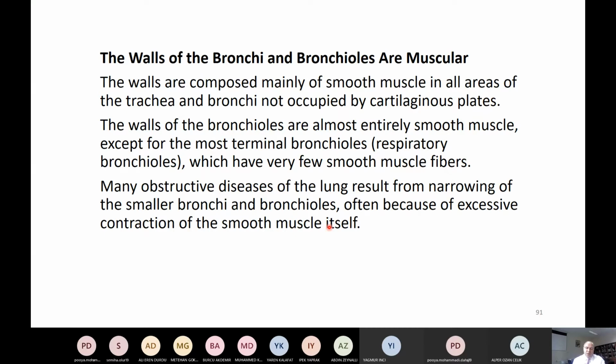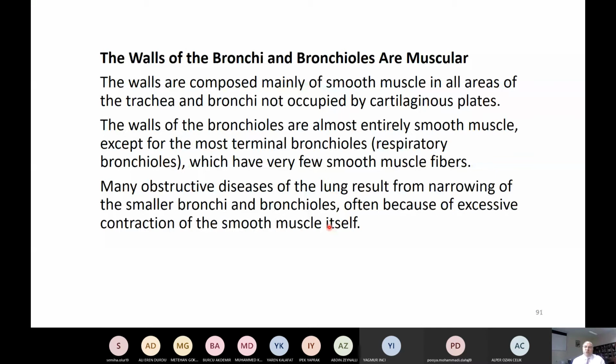If there is no cartilage, there will be muscle tissue on that side of the wall. The walls of the bronchioles are almost entirely smooth muscle except for the most terminal bronchioles. We call them respiratory bronchioles, which have very few smooth muscle fibers.